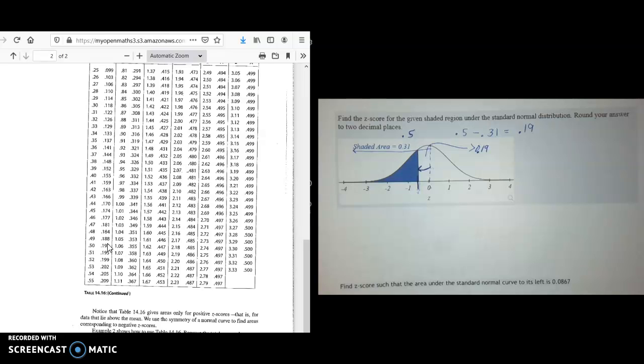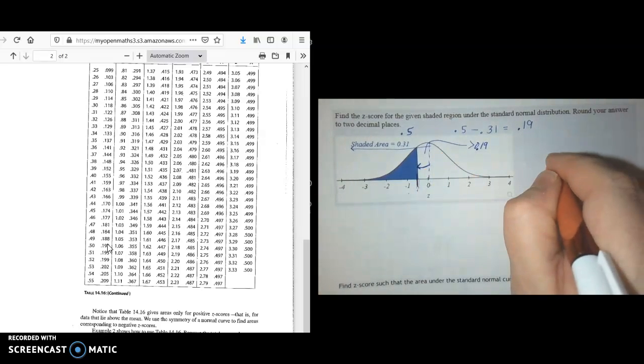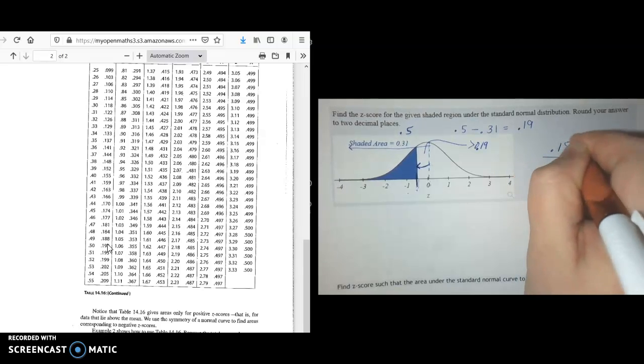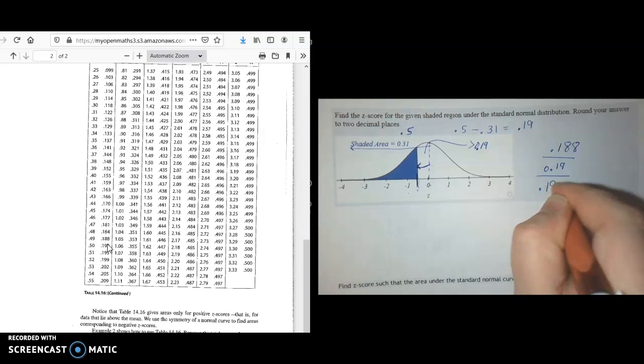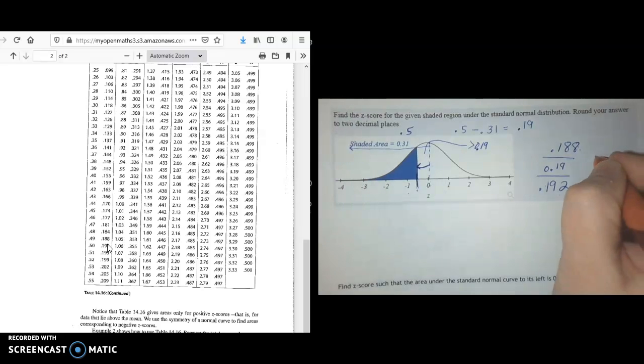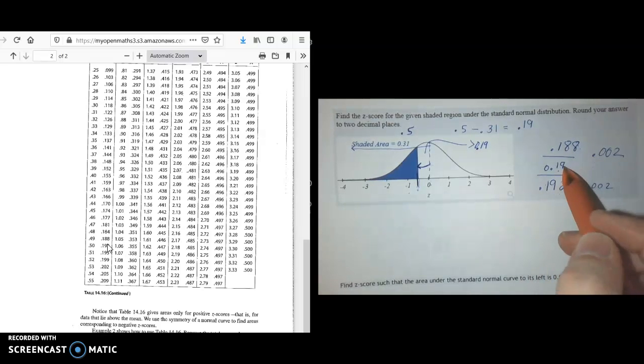So 0.19 minus 0.188 is 0.002, and when I take 0.192 and subtract 0.19, I get 0.002. So 0.19 is equally distant from both of these.